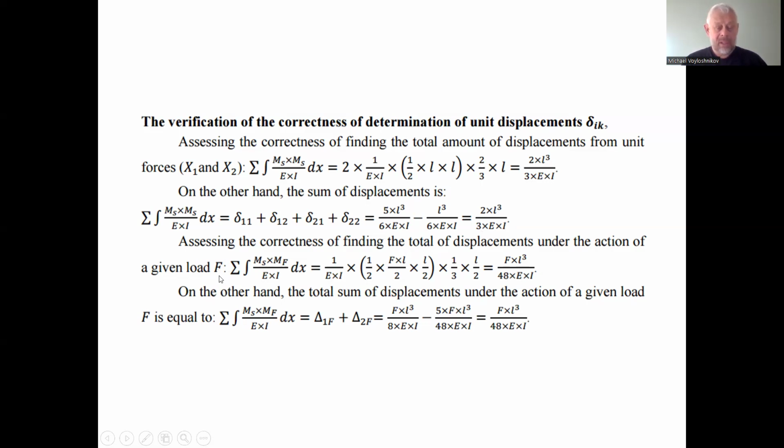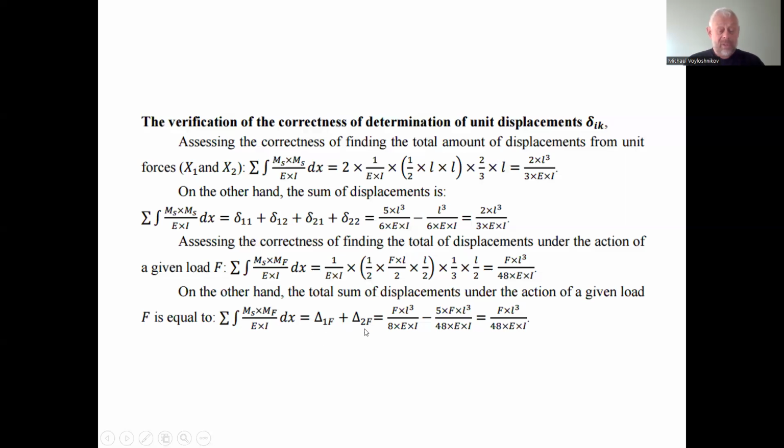What is the force? We assume the abstract external force causing displacement in the abstract S direction, as the total of displacements in two directions.